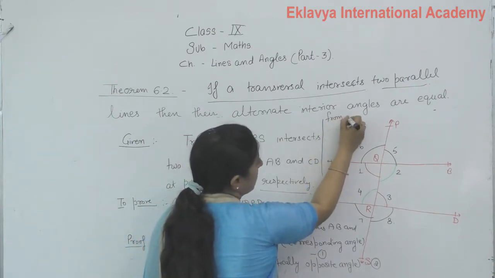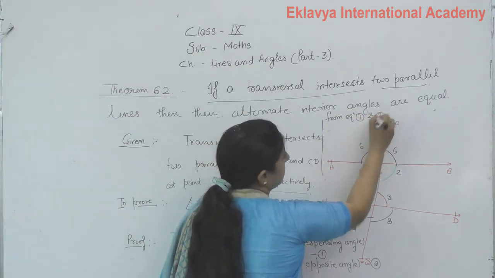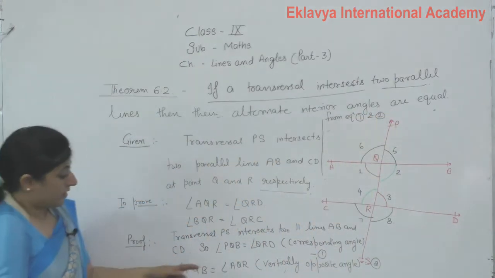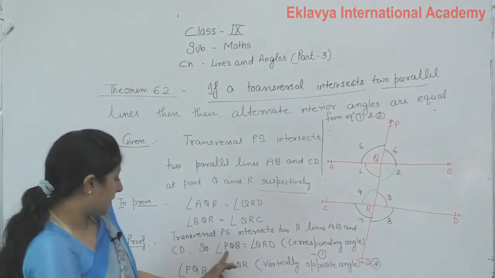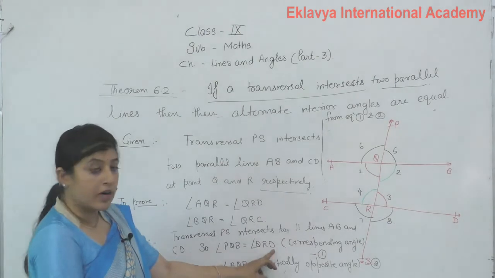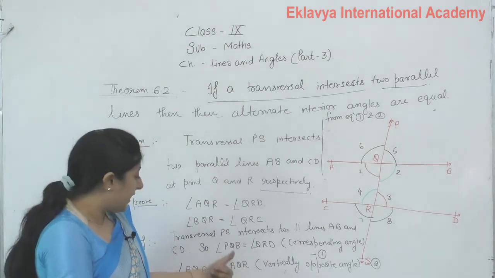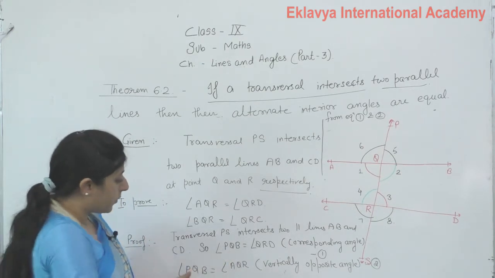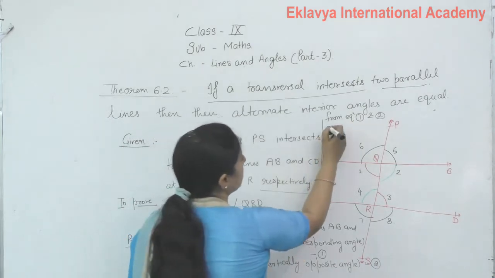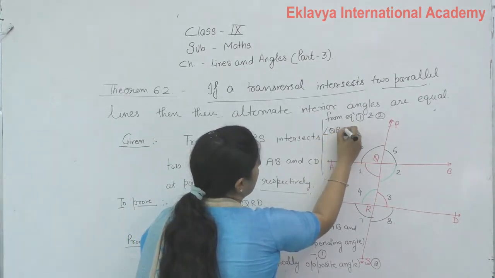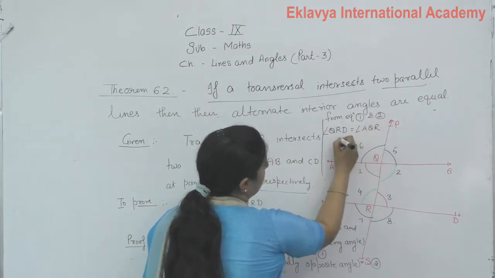Now from equations first and second: PQB is equal to QRD and PQB is equal to AQR. It means if the LHS sides are equal, then the RHS sides are also equal. So we can write that QRD is equal to AQR.